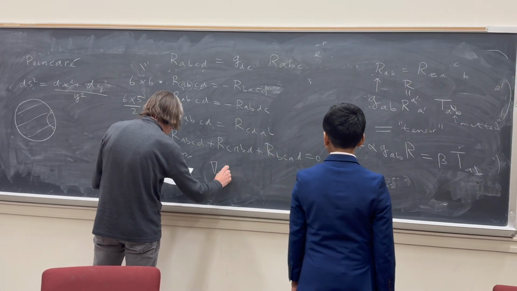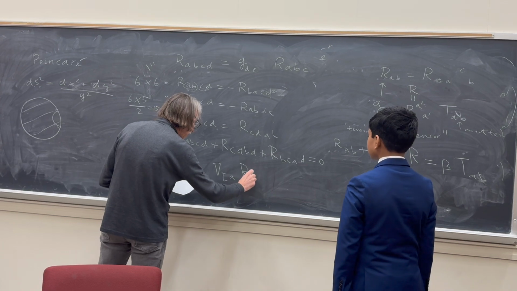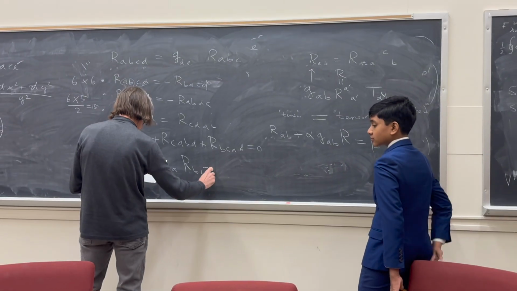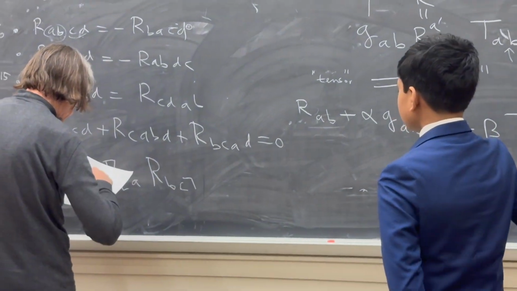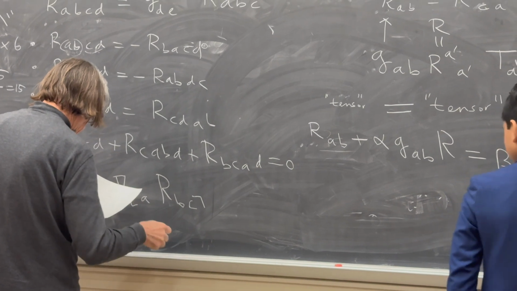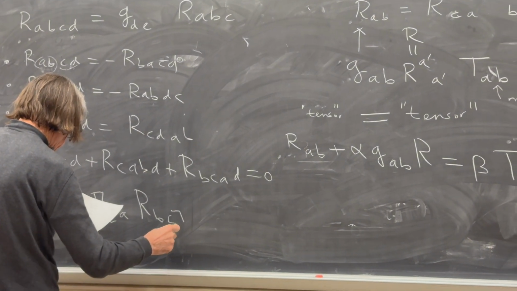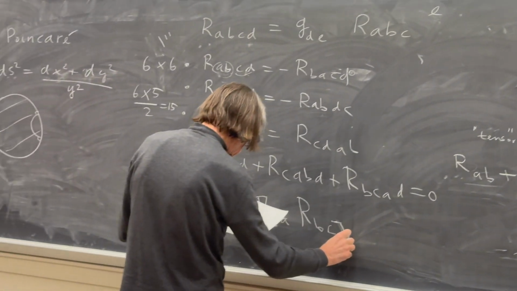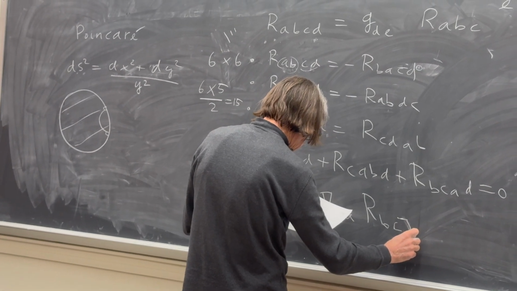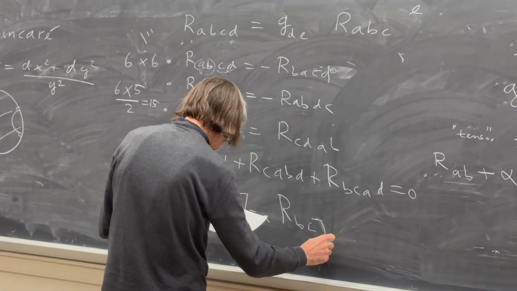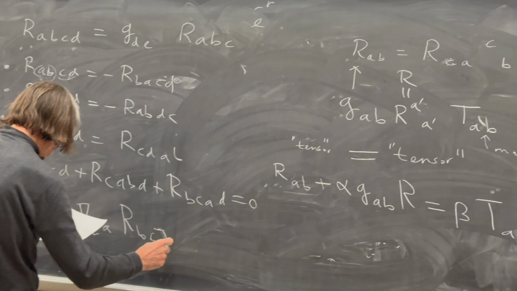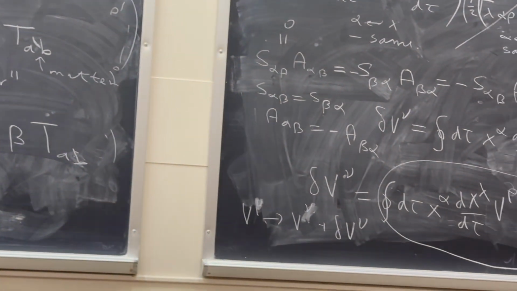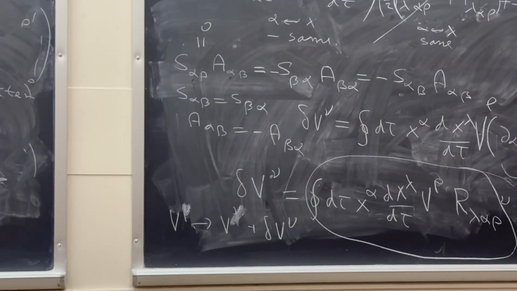That is the covariant derivative of R_{BC}, anti-symmetrized. I didn't put the bracket. I have to look. It is not in my notes.